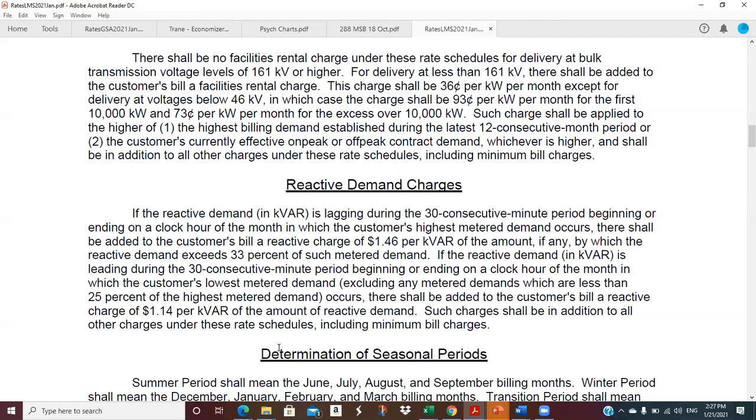So if they get a customer that's leading, it helps them. For doing them that favor, they only penalize you $1.14 for each leading kVAR, but there is no allowance. You pay for all of them. You see, on the lagging, you get 0.33 times the meter demand allowed, and you pay for those beyond that. On the leading, you pay for all of them, but instead of $1.46, you pay $1.14.